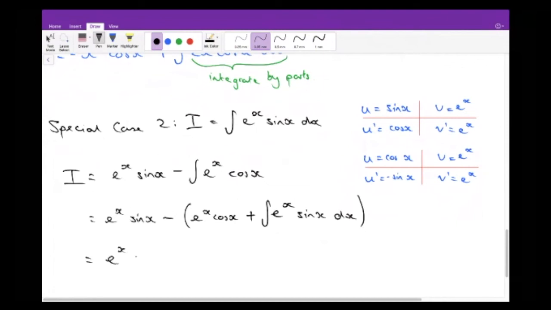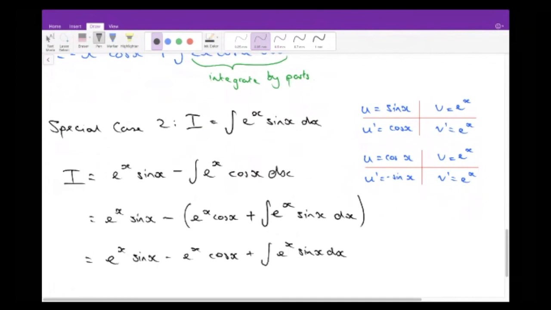So we get e to the x sine x minus e to the x cos x plus the integral of e to the x sine x. What do you notice about that final term? Where have we seen that term before? Hopefully on this screen.